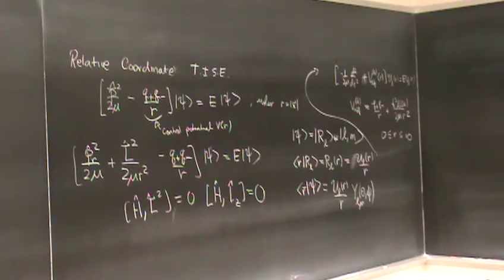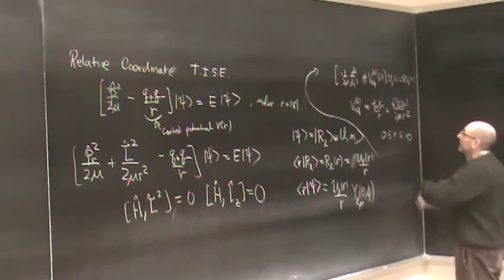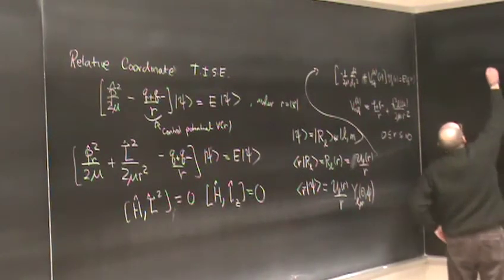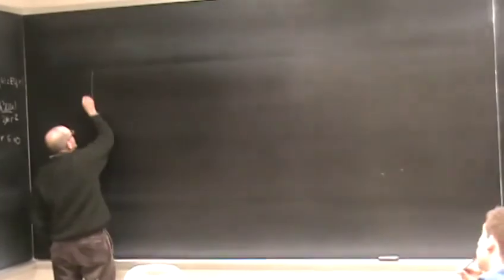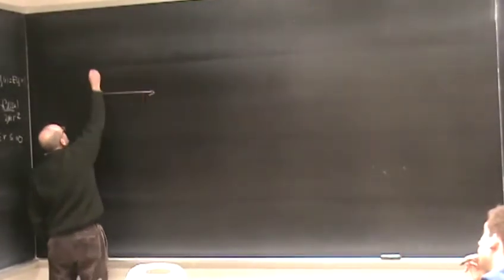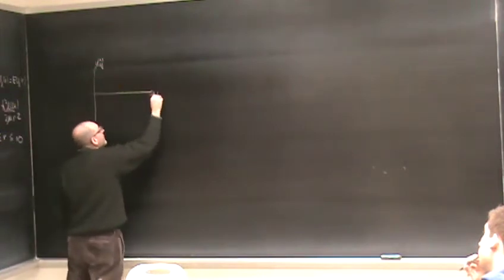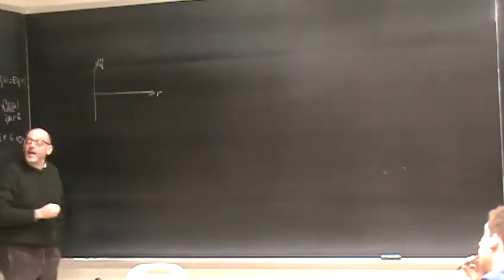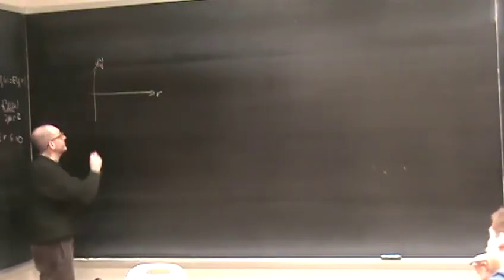All right, let's take a look at this explicitly. Let's look at this, guys. So our Schrödinger equation, what do we have for our V effective? So we have a 1 over R potential, right?